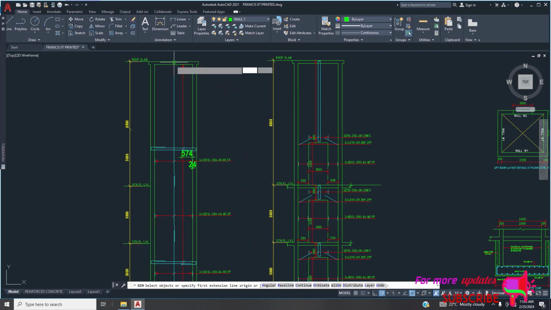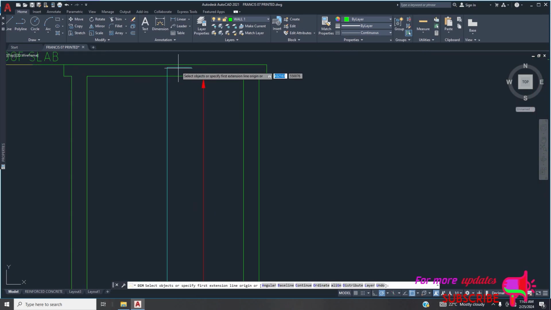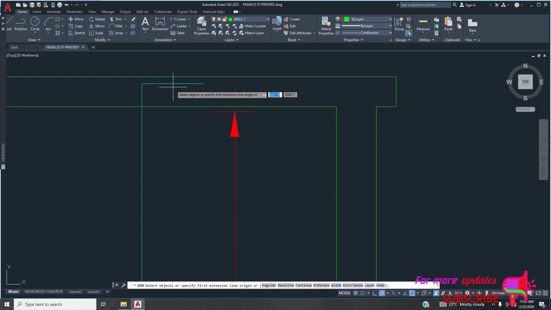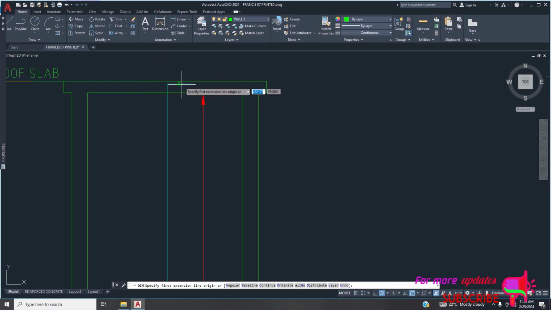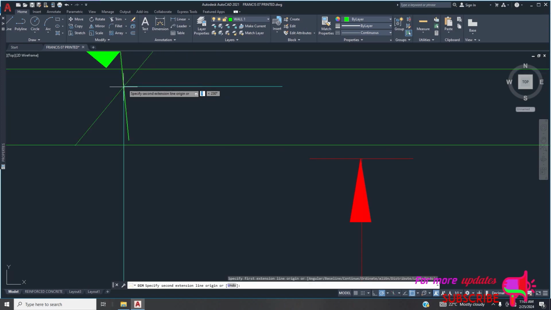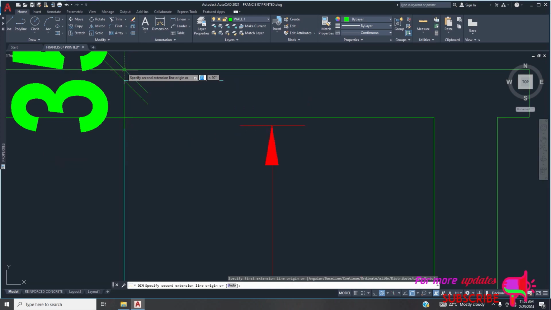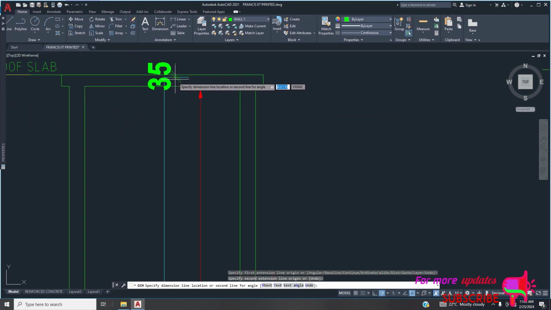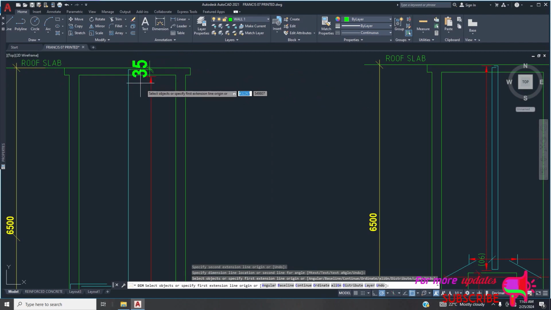And of course you can see at the top, because this lift core is not continuing, we have a hook, and there's a cover of about, let's say 40, or let's say 35. You can see we have a cover of 35, all right?